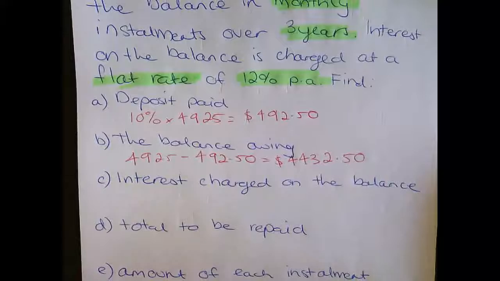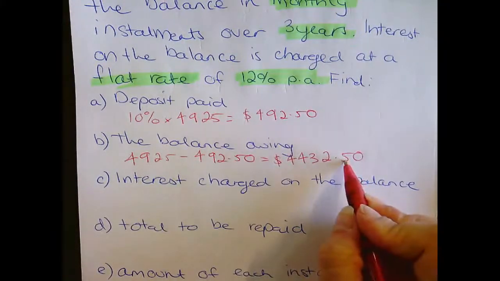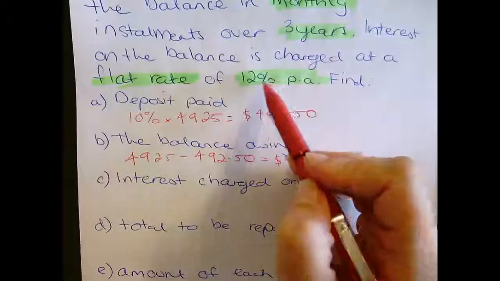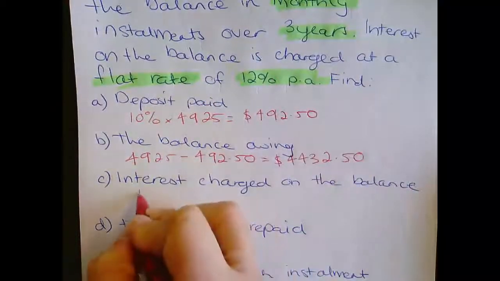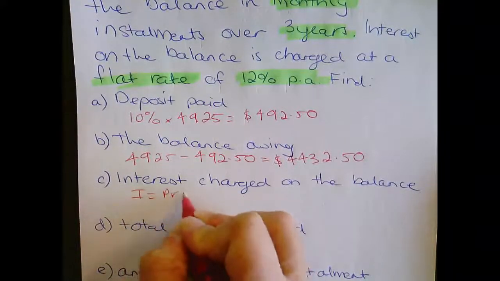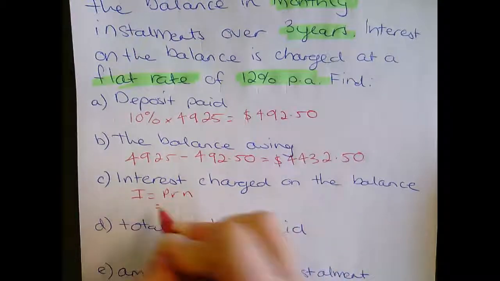Find the interest charged on the balance. So if that was the balance there, we had 3 years, 12% per annum, 3 years, 12% flat rate. So I equals PRN, the simple interest formula.